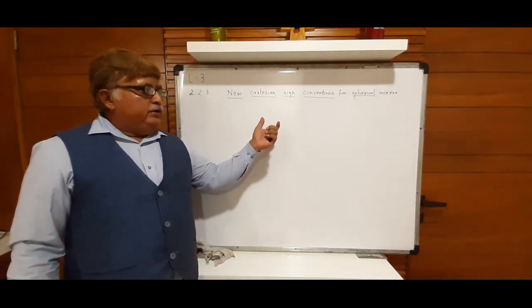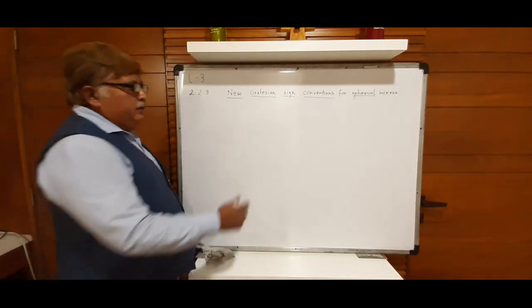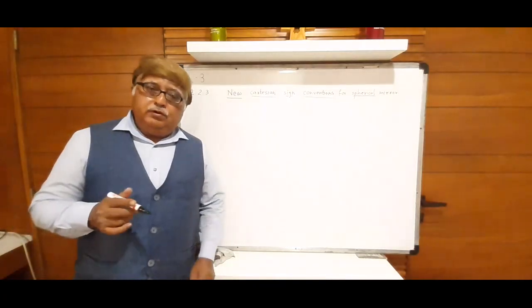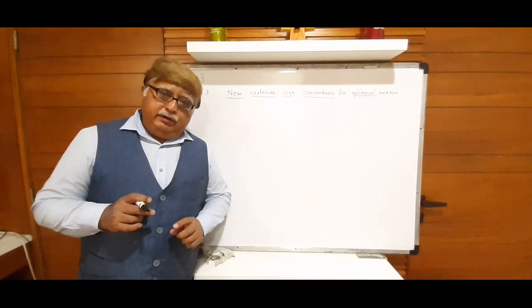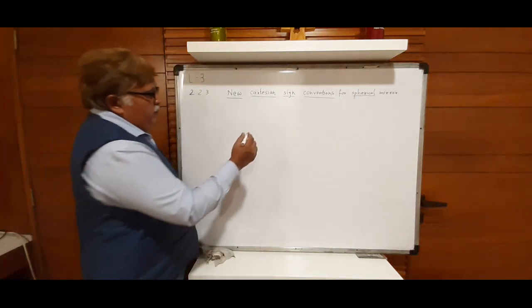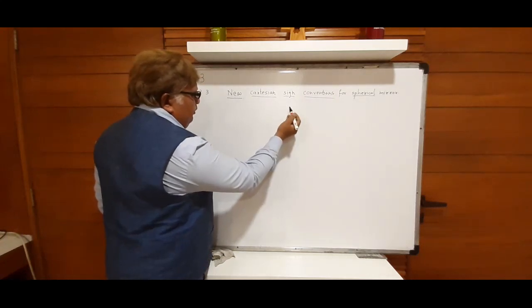To explain you Cartesian sign convention, I will draw a diagram. You will also draw the diagram with me, and each and every point we will try to understand from here. Let us take help of one mirror, concave or convex.